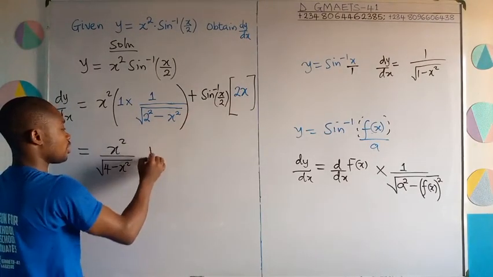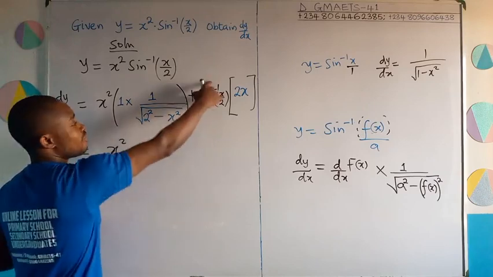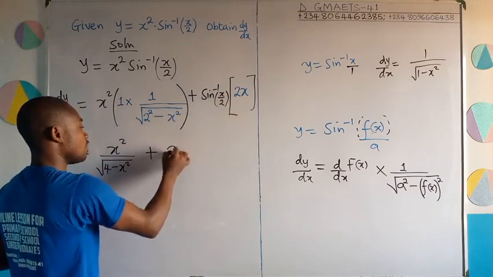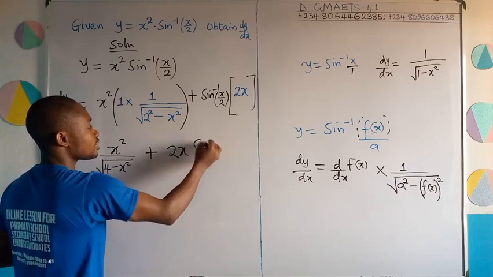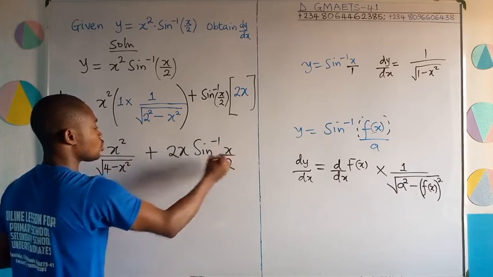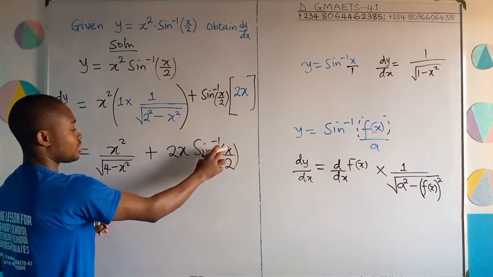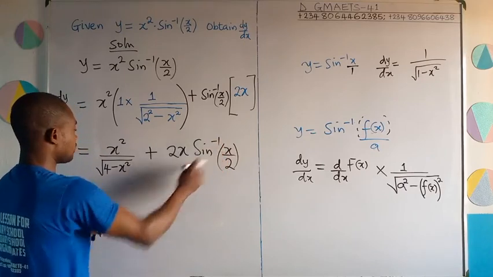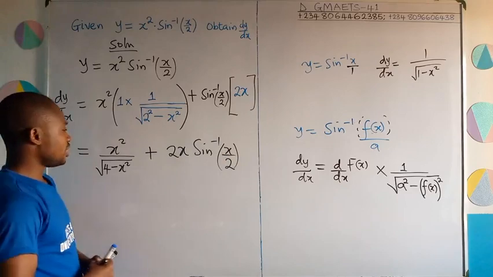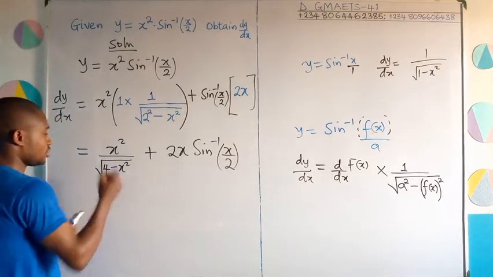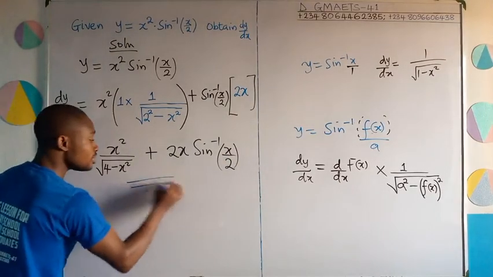Coming to this term, I'm going to get plus sine inverse of x over 2 times 2x, which will give you 2x times sine inverse of x over 2. Take note, you can't split this 2 from this numerator x, okay? And looking at this, this is my answer. dy/dx is equal to this.